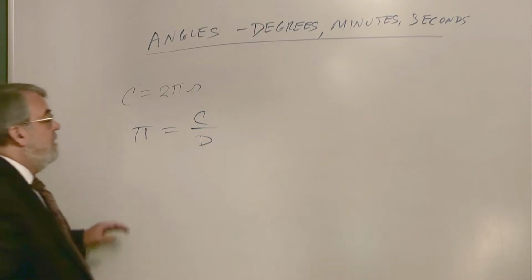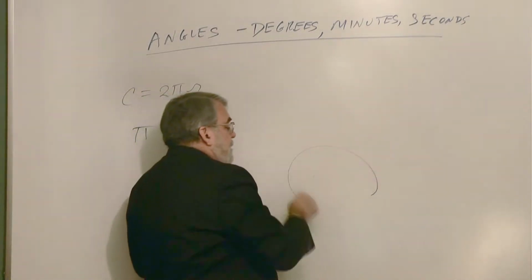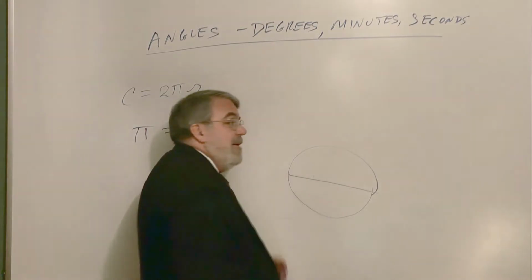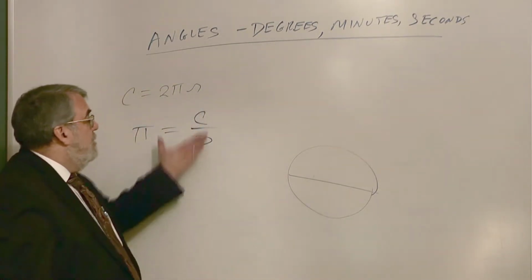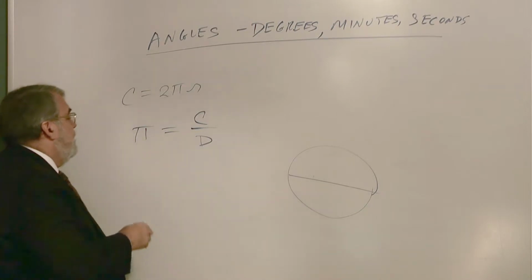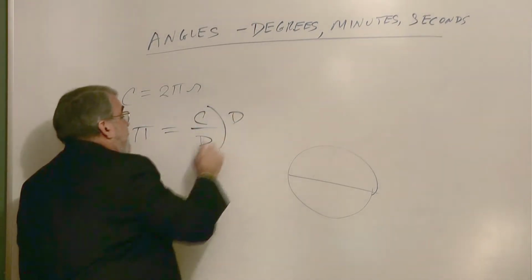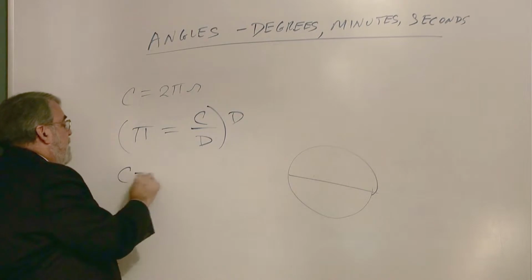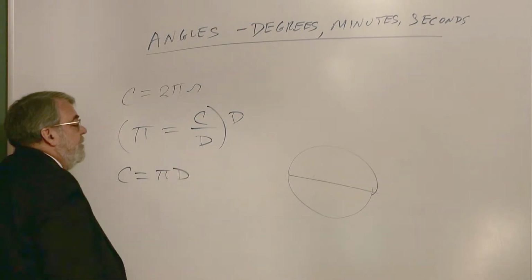And so every circle, if you measure the circumference and divide by the diameter, you get the number pi, around 3.14. Okay, so it means that algebraically, if you multiply by diameter, circumference is pi times diameter.